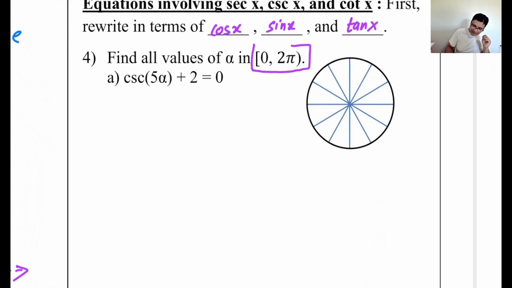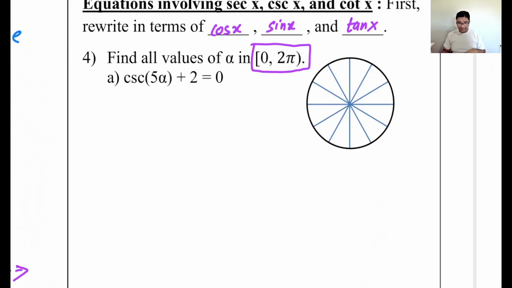In the previous set of problems, we were asked to write all real solutions. So we wrote in general in terms of k pi using the arbitrary integer k. Now we are asked to give solutions in this interval 0 to 2 pi.